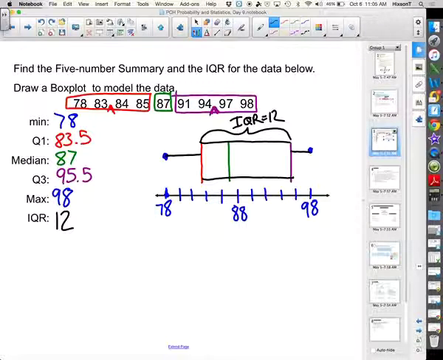What are some things you observe? What do you see when you look at this box plot? What do you see?